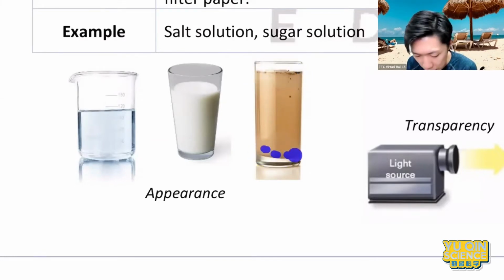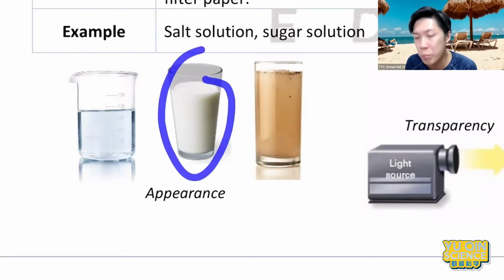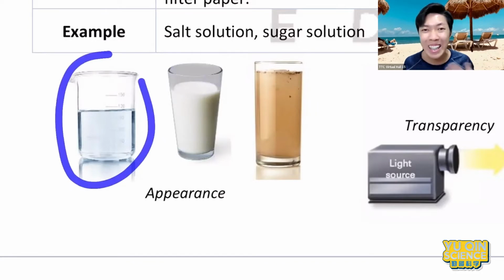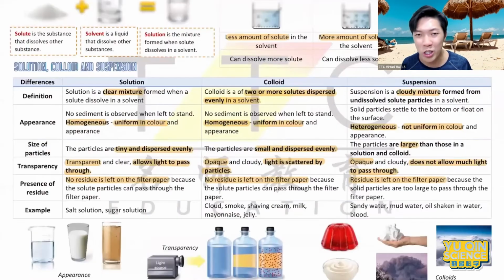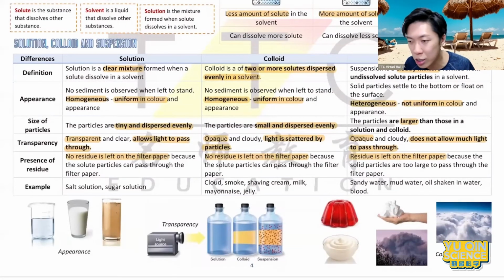There is something sinking, something floating, light doesn't pass through, the particles are so big that they just float and sink, and it doesn't dissolve completely. So colloid is in between. Is it as clean as clear water or distilled water or a salt or sugar solution? No, it's not as clear, but it's not as dirty as this one. That will be the shortcut, because there's a lot of things to digest here. Along the way we come back if we need to.